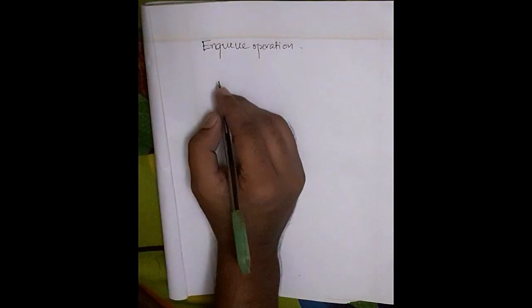Queues maintain two data pointers, front and rear, so therefore its operations are comparatively difficult to implement than those of stacks. The following steps should be taken to enqueue data into a queue. It can be done using 5 steps. What are those 5 steps? We will see that in a while. Let me write those steps one by one.